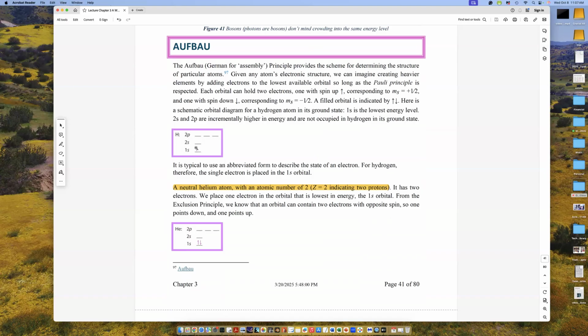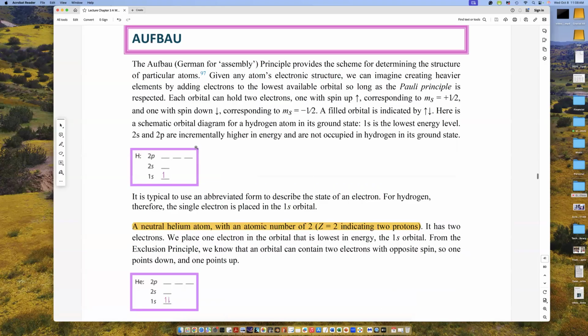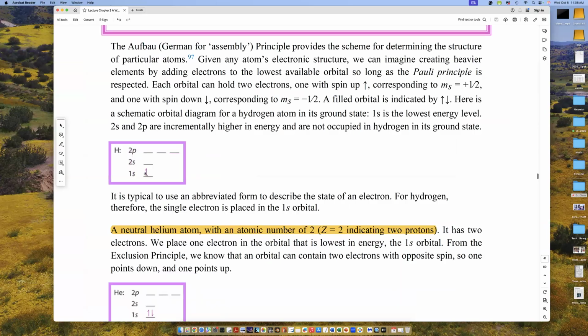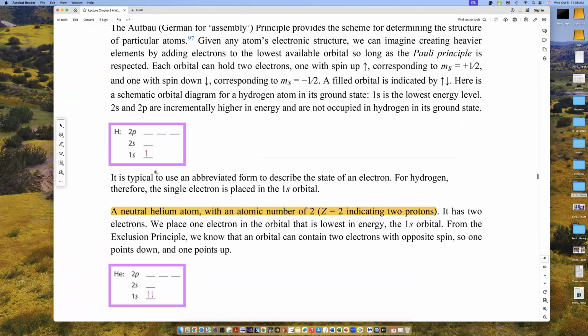You might remember this terminology from your days if you took chemistry. So we can have one electron. This is hydrogen. We can have one electron in the lowest energy state. And you see that's an arrow. There's the tip of the arrow. And we can have one electron there.